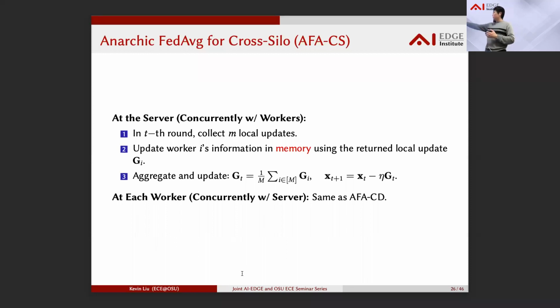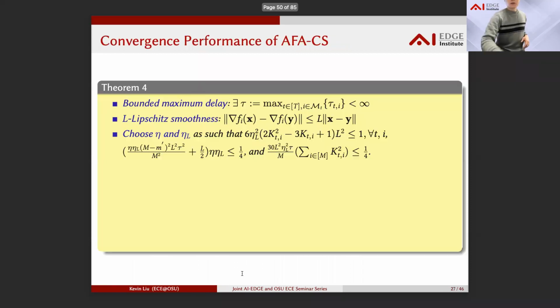Then if in some round I only collect a subset of the clients, for those clients who didn't submit their result, I can use some historical result in my memory to compute something like a full gradient, but with outdated information. Now with that, you will update the model parameter x_t again in this kind of SGD fashion. So the only difference is that in cross-silo you have memory.